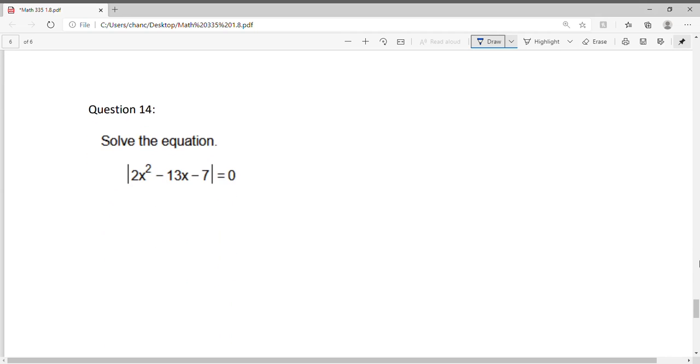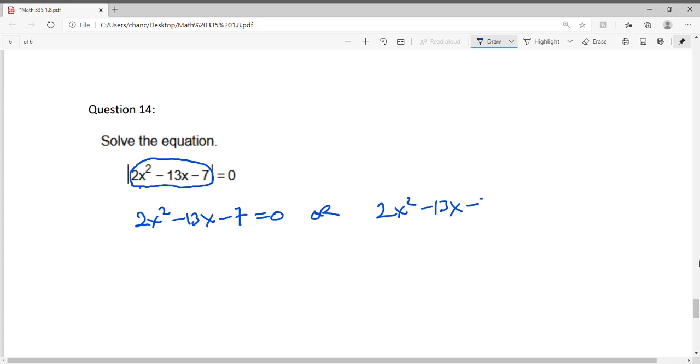Question 14. Now we have an absolute value equal to 0, so there's essentially two possibilities. 2x squared minus 13x minus 7 could be equal to 0, or 2x squared minus 13x minus 7 could be equal to negative 0. Wait, that's the same thing as the previous case.